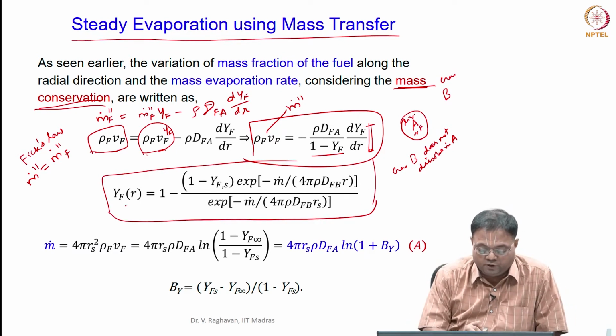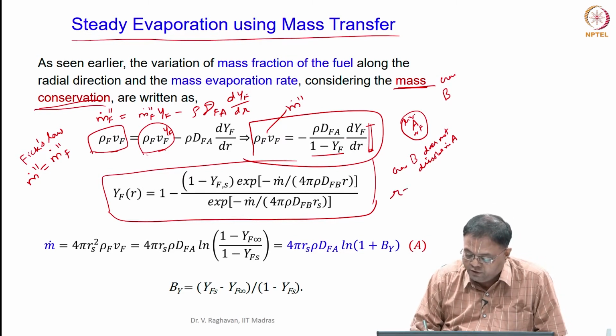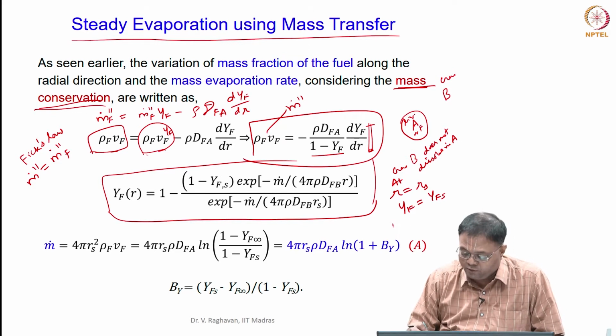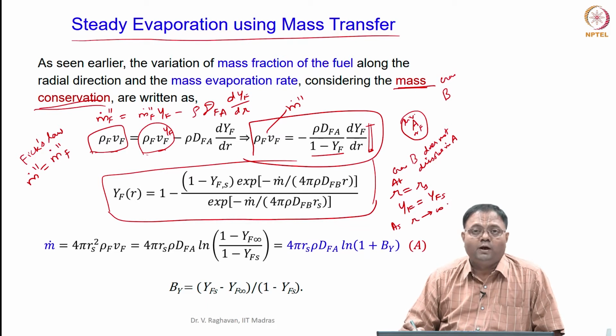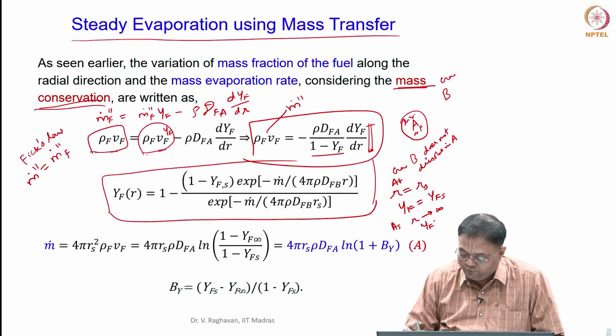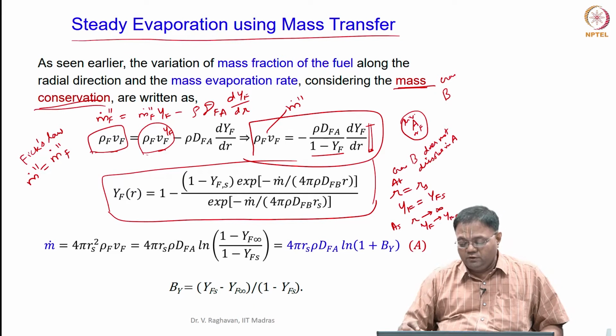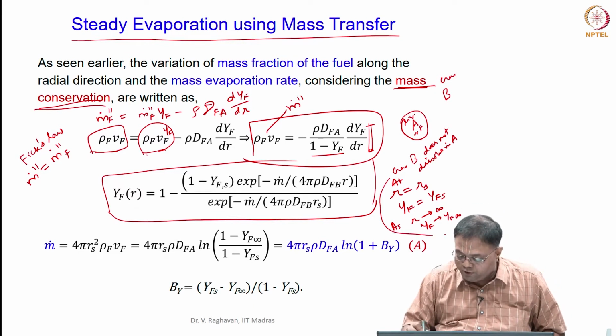So, when we integrate this and apply the boundary conditions: at the surface, when r equals rs, YF will be equal to YFS, and this is the first boundary condition. The second boundary condition is as r tends to infinity. It may not be infinity, it may be a large value of r, and then YF tends to YF infinity, which can be taken as 0 at a large radius.